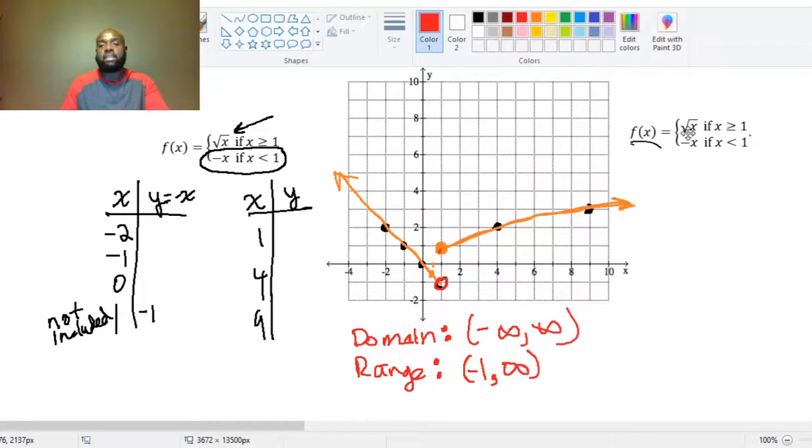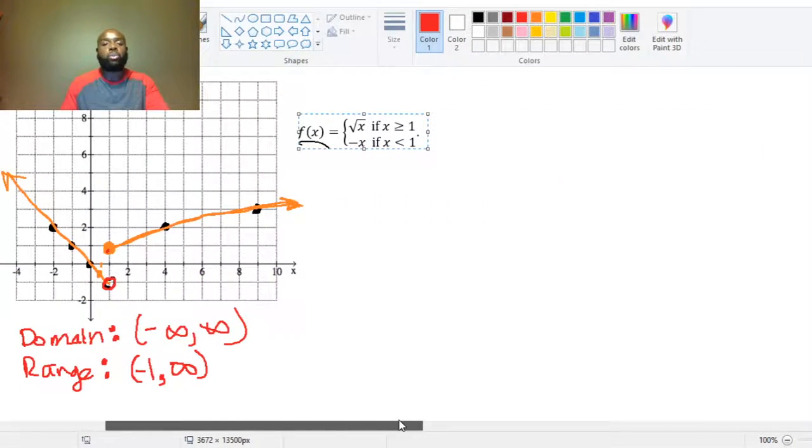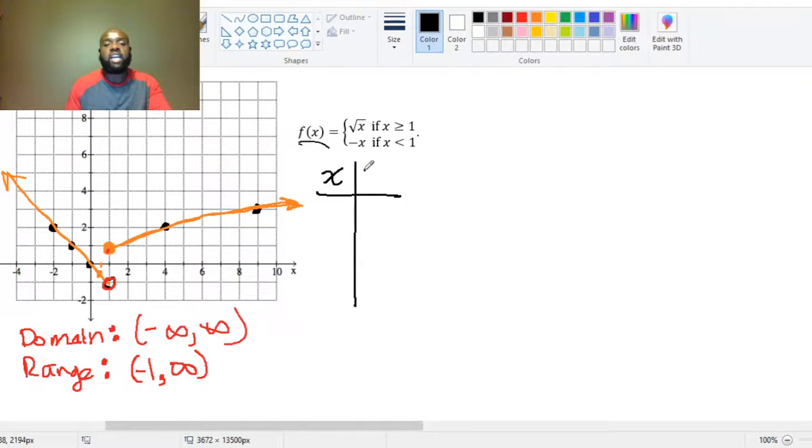All right. And so what a lot of people like to do when they're given a problem like this is do two separate tables of values. That's actually what I do. In my first table, I choose x values that are less than 1, and I try to look at the function, right? So I'm going to do like 1, and I know that this is not less than, right? But I need to include that value.